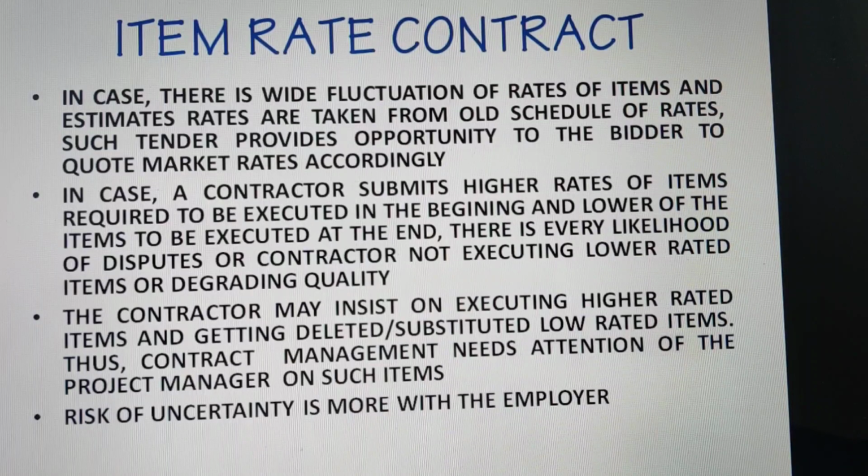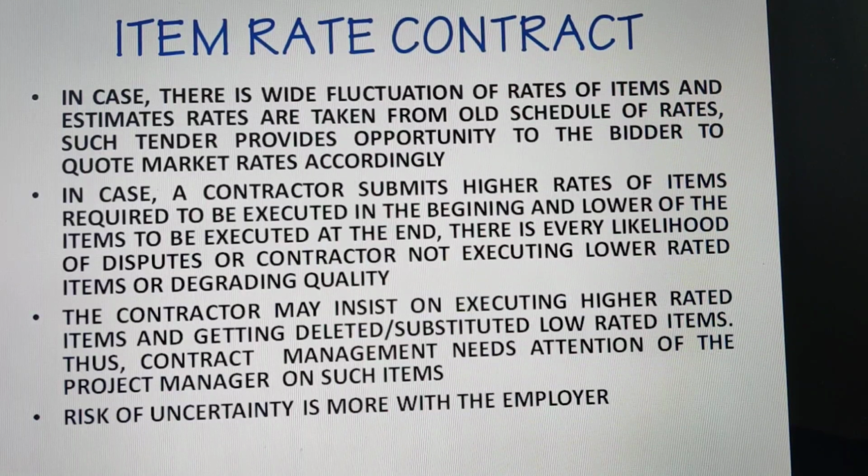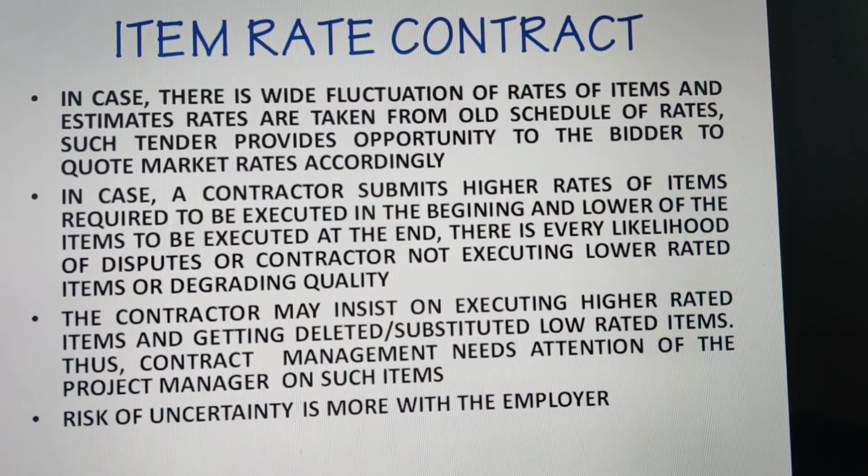It means the contractor may not execute lower rated items or degrade the quality. The contractor may insist on executing higher rated items and getting deleted or substituted low rated items. Thus, contract management needs attention of the project manager on such items. Risk of uncertainty is more with the employer, and the contractor gets paid in all the cases.